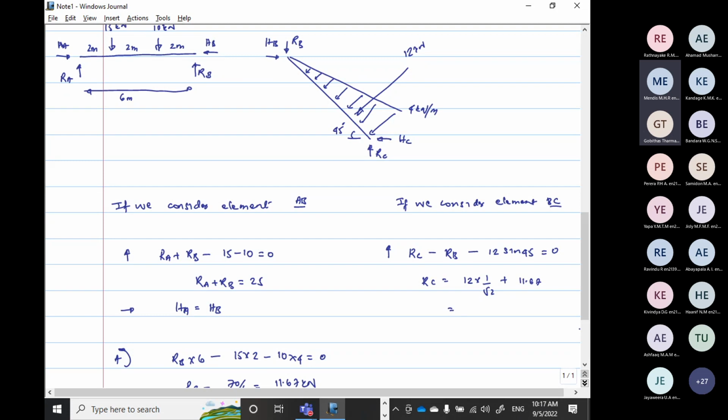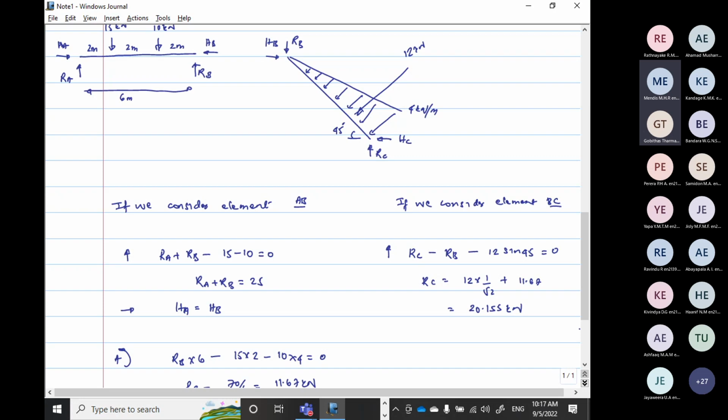So 12 divided by root 2 is 8.485, plus 11.67. That is 20.16, or 20.155 kilonewton, is RC.